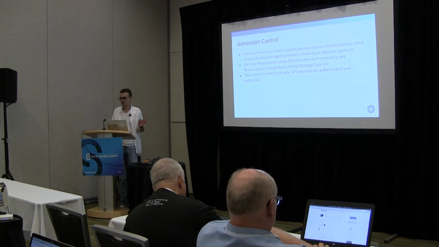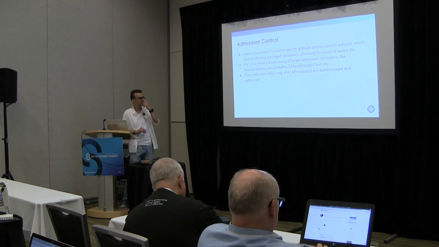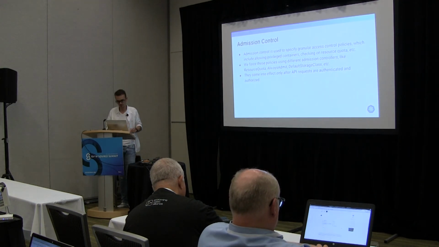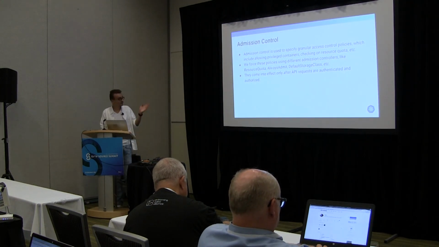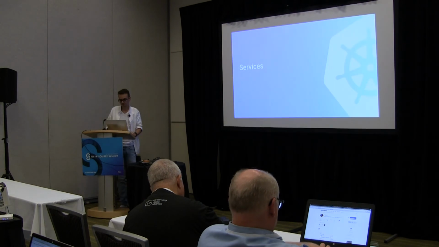And admission control, as I mentioned before, is used to specify some granular access using the specific policies. And they come into effect after the phases of authentication and authorization are passed.